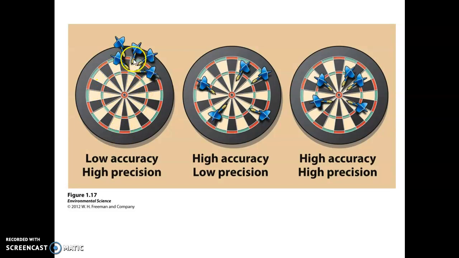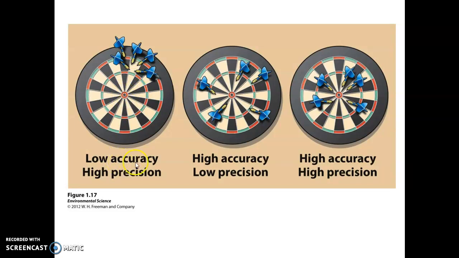If this center target represents the area where you have the actual real data, you see that there's a cluster of darts that are closely associated with one another, which might make it look like it's good data, but it's very far off from the actual data.